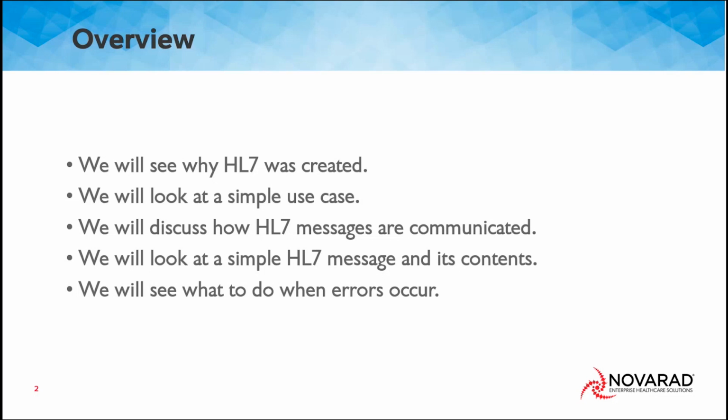We'll look at a simple HL7 message, how it's constructed, and how the data is placed within it. And then we'll talk about what to do if, in your situation with Novarad, you're getting an error with HL7 message transmission. Hopefully you'll get a lot of information out of this.